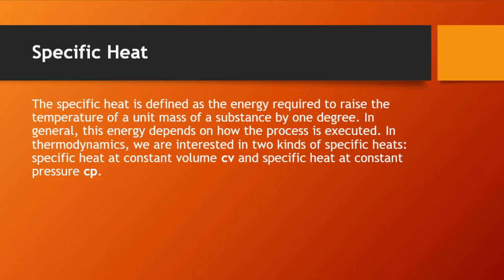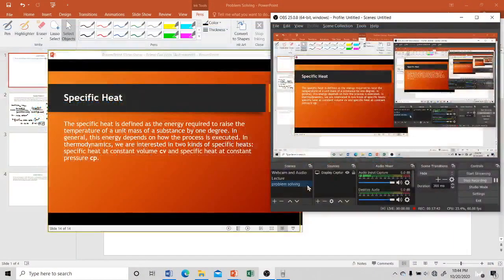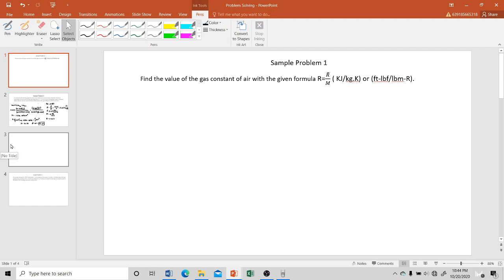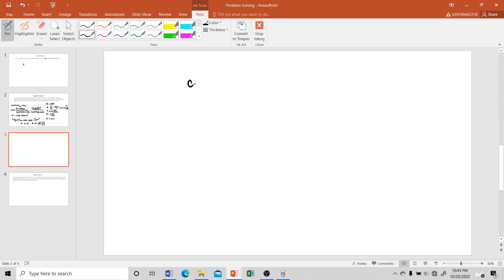So in terms of dimensional form, we have C, the specific heat, is equals to heat energy over the mass times the change of temperature.